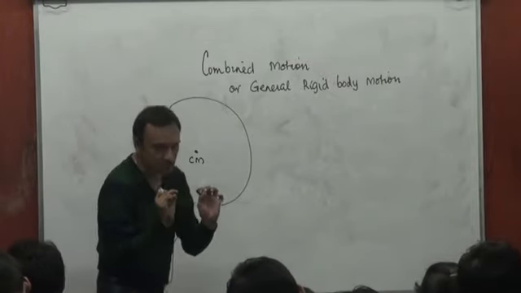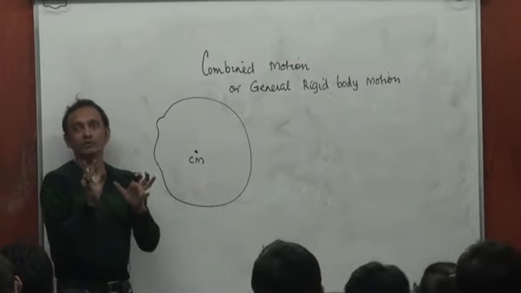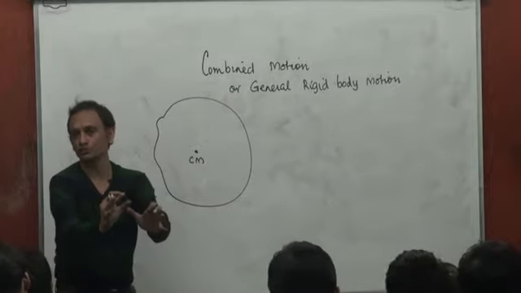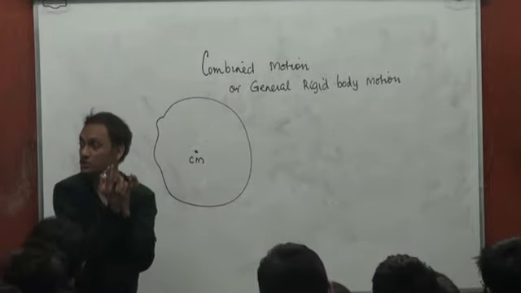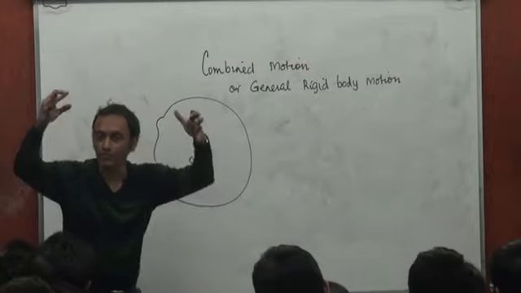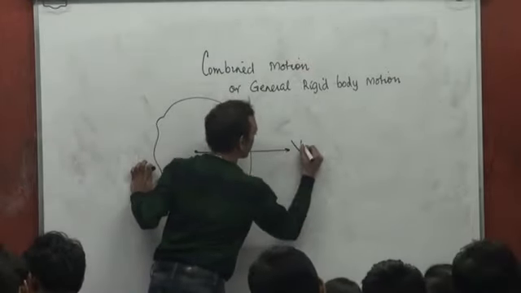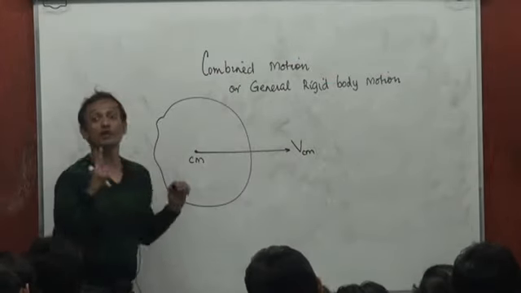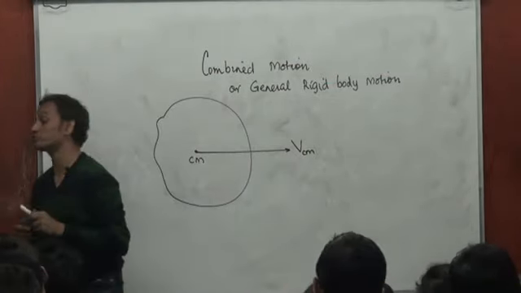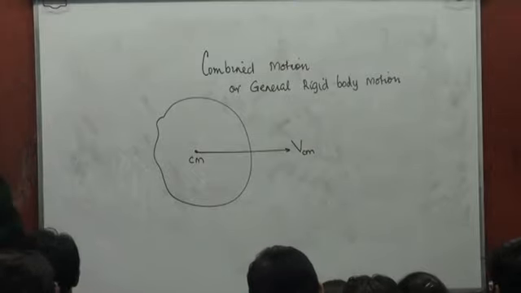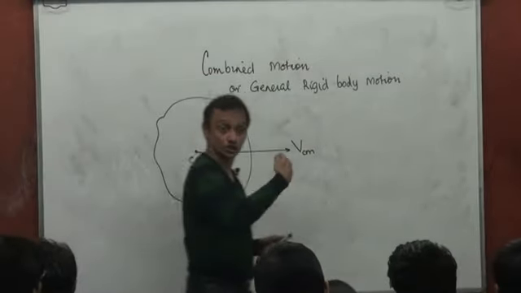The center of mass speaks of the translation of the rigid body, the physical movement of the particles of the rigid body. VCM, therefore, the velocity of the center of mass, characterizes translation in a rigid body, right?